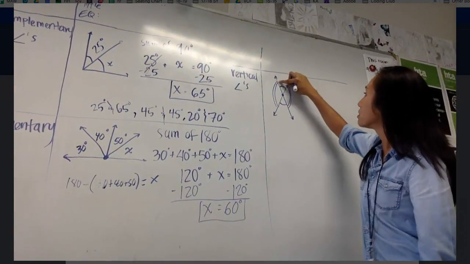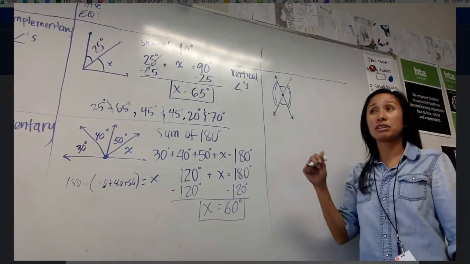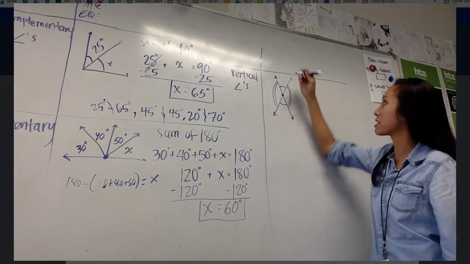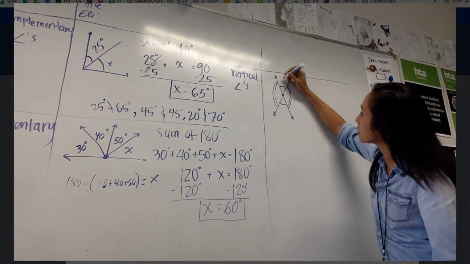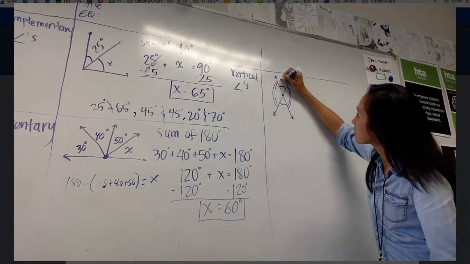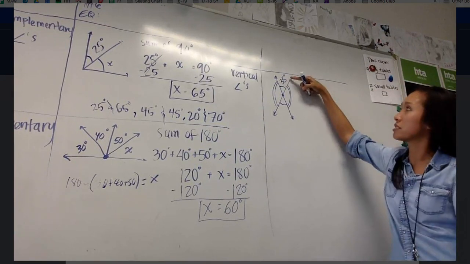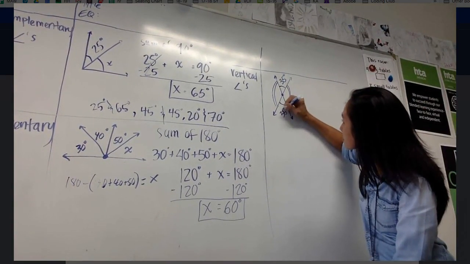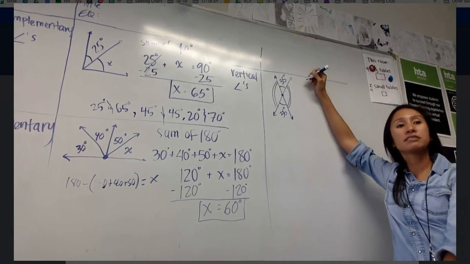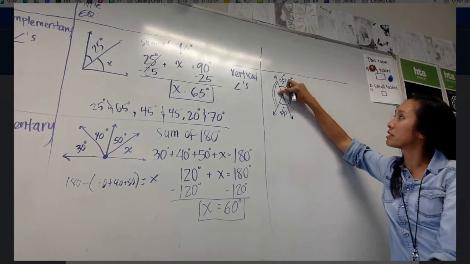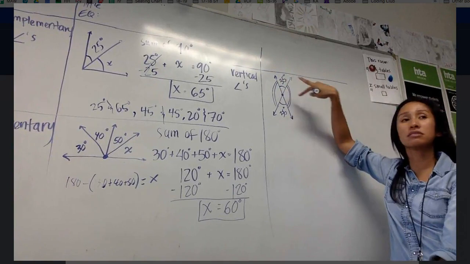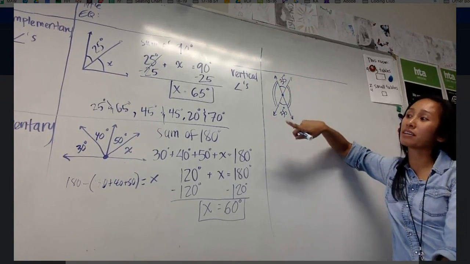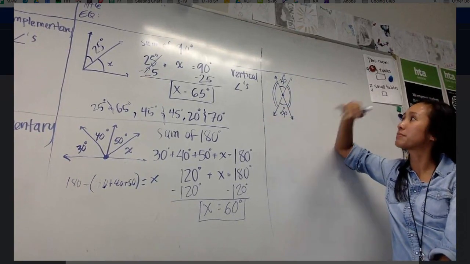With this information, we can discover what the degrees are for the rest. Let's say this is 35 degrees. Then the bottom is 35 degrees. Is there any way that we can figure out the measurement for these two angles?